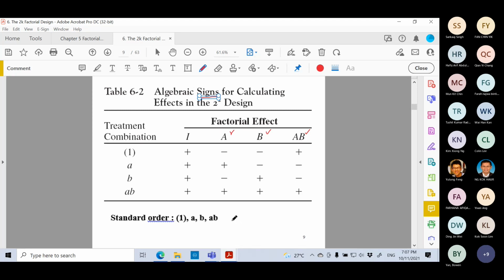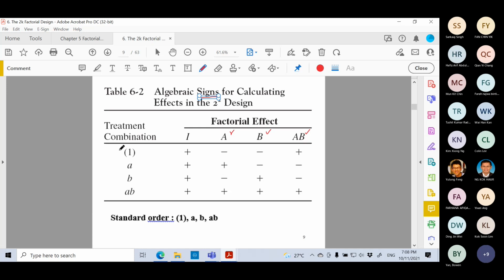From this table, what is the use of the plus and minus signs? If you observe, here is a minus sign corresponding to the 1, then a plus sign under factor A corresponding to A, a minus sign with B, and a plus sign with AB.